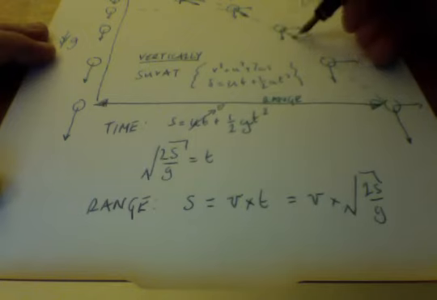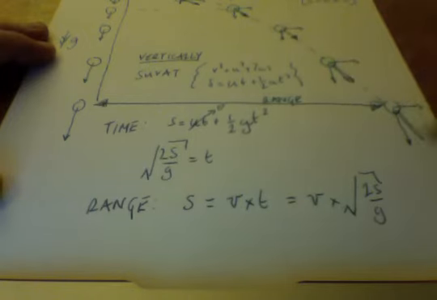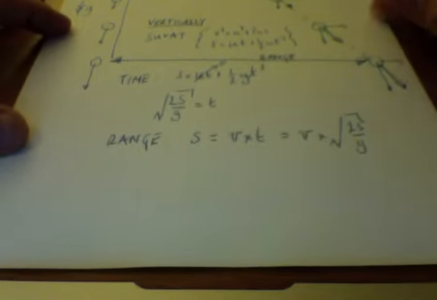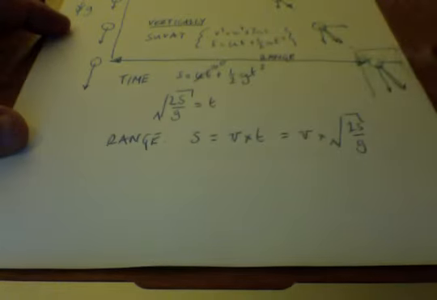We'll be able to work out the horizontal and vertical components, and if we add them together, we will be able to find out the overall velocity of the object at any point in its motion. Let's show you what I mean. Let's take this example, for instance, when it strikes the ground.